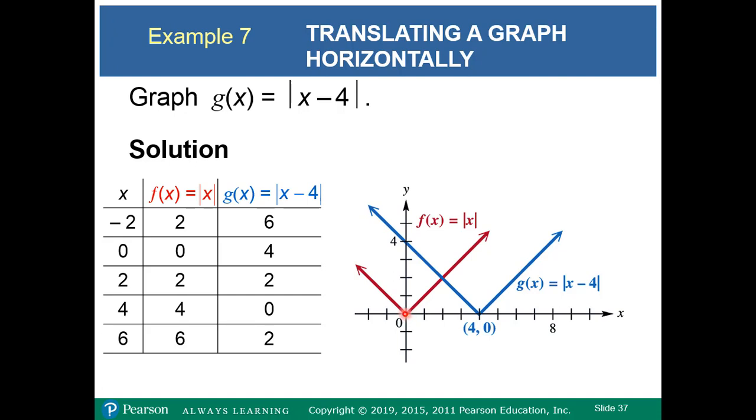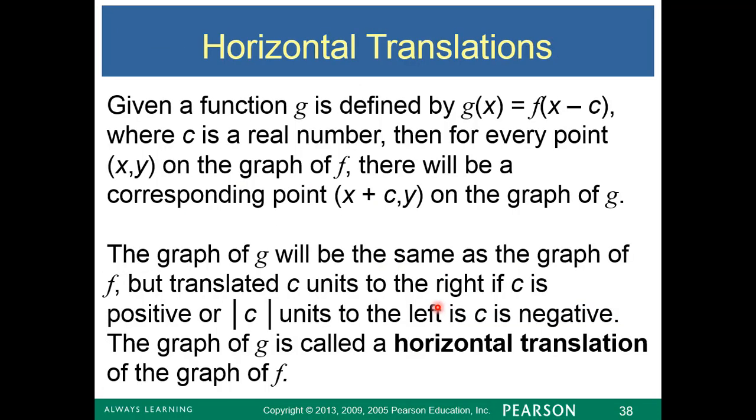Well, when x is 0, the basic function is 0. Well, the translated function is 0 when it's moved 4 units, so at x equals 4. Okay, so when x is 4, you get 0. And so that's why you get this horizontal translation to the right. Now, if you add, guess what?